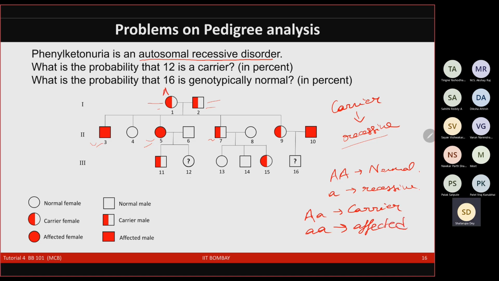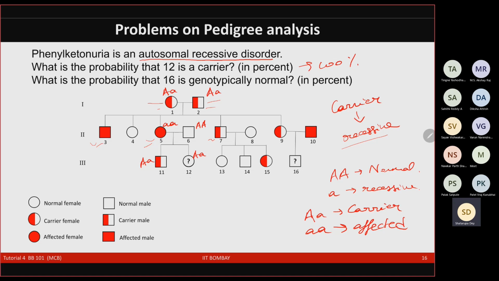So this person is this, and this person is this. By just crossing these two, you can see that both of them are going to be carriers. So what is the probability that 12 is a carrier? This is going to be 100%.